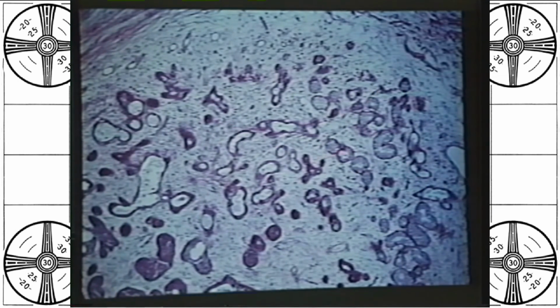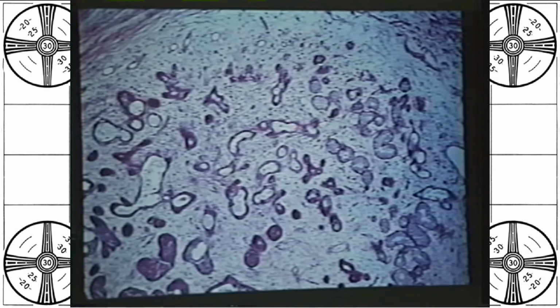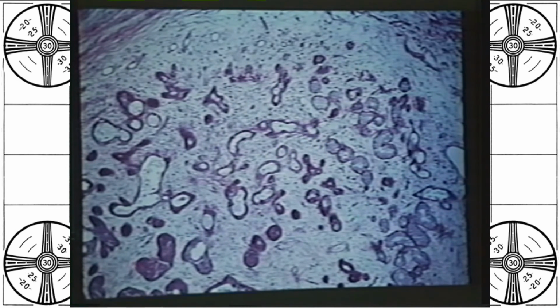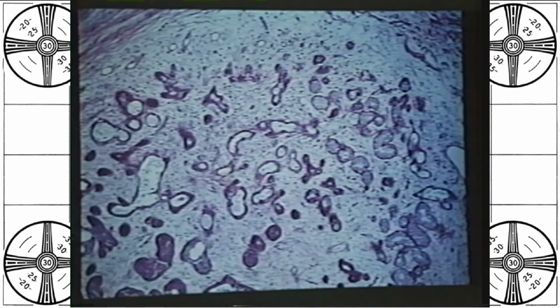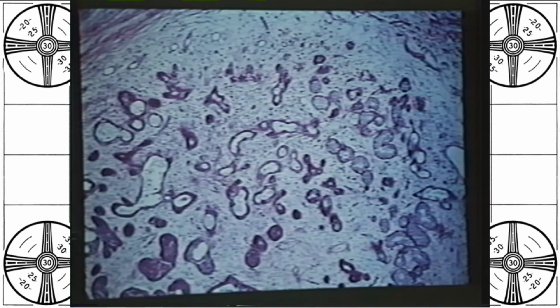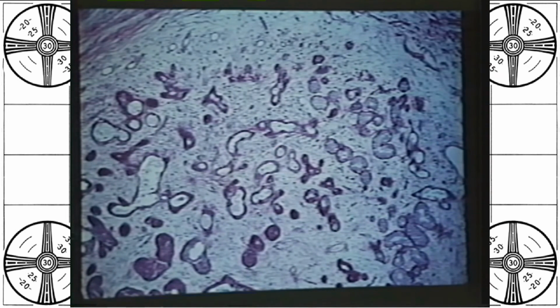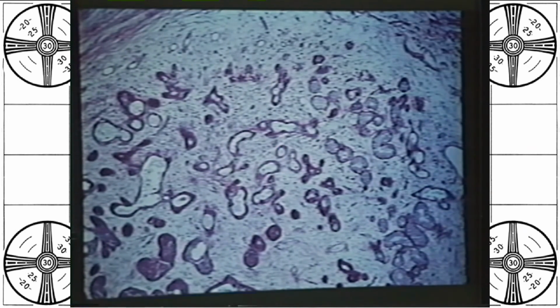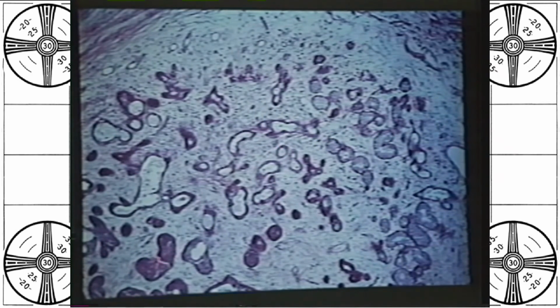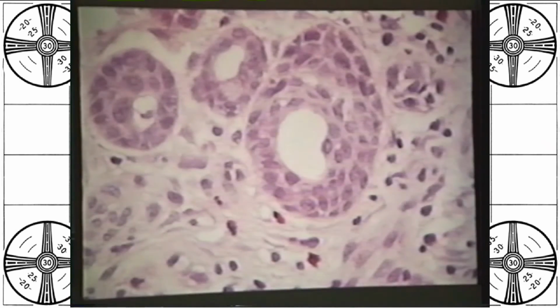So if you see dead and dying salivary glands, squamous metaplasia of the ducts, just meaning change in one cell type to another cell type, then you really need to start thinking about necrotizing sialometaplasia because of the metaplastic change here.